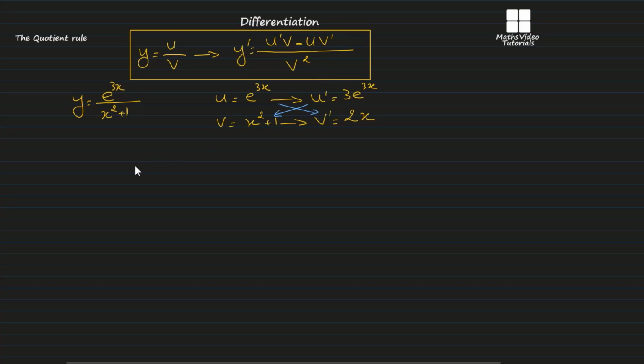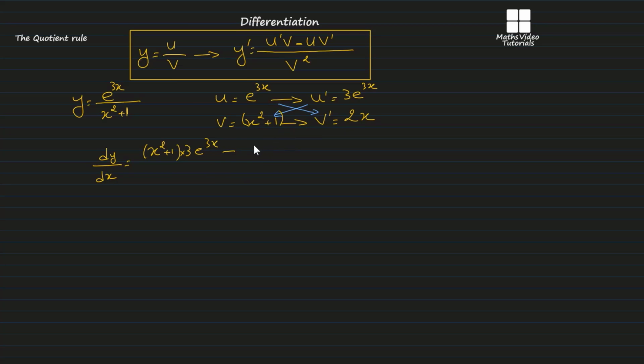So let's differentiate y with respect of x. So dy by dx is going to be these two together. So I'm going to put this in bracket like so. And then times it by 3e to the 3x, minus these two multiplied together.